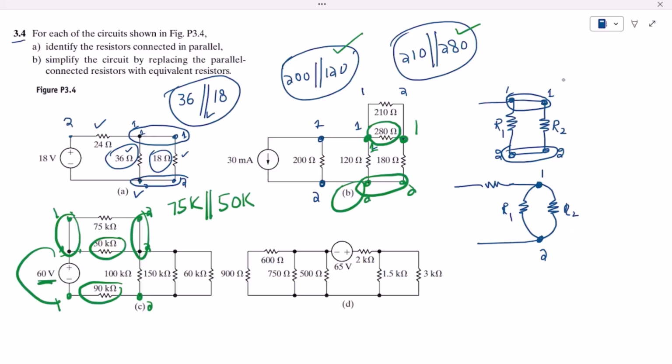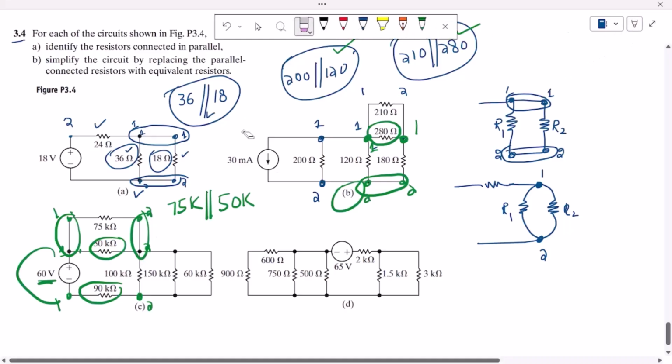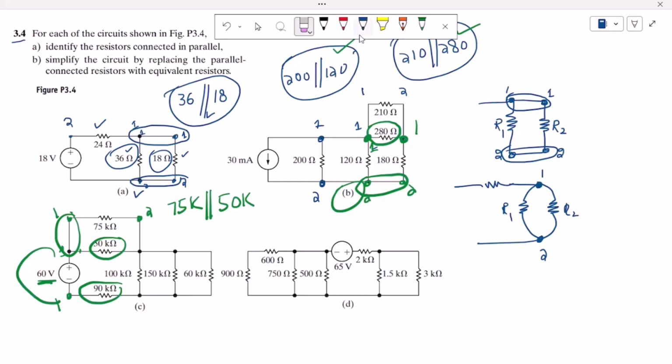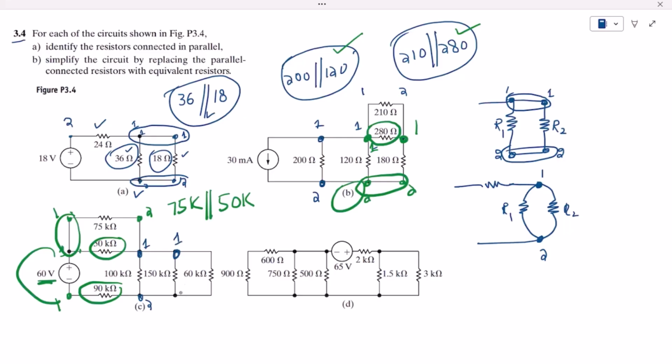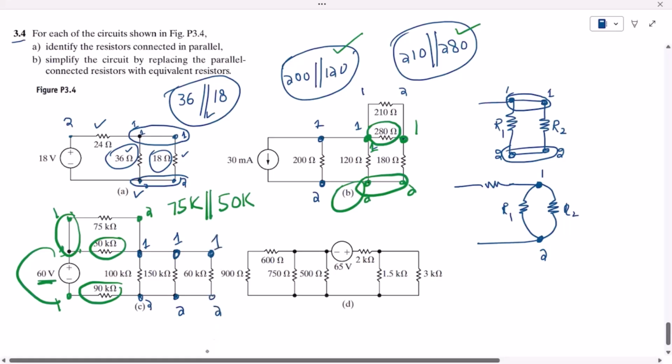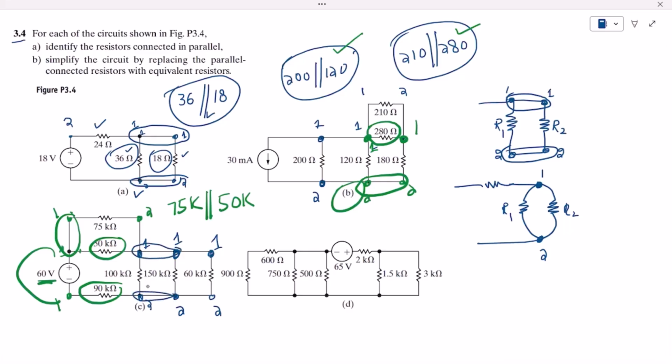Okay, similarly let me remove them here so that we can clearly connect them. So this is the other resistor here, this is the first end, this is the second one. Here you can see that this is the first one, this is the second one, and again you can see that if these are shorted, this is the first one, this is the second one as well. Okay, you can see that these ones are connected directly with each other, these two are also directly connected with each other, so therefore 150k and 100k, these two are in parallel with each other.